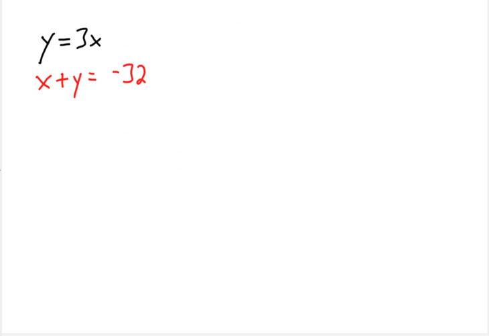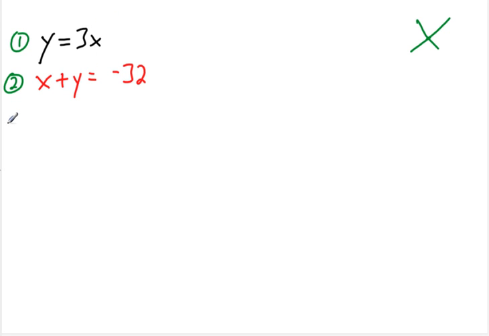So if I give you a new system here, notice we have two equations, 1 and 2. The y value and the x value is going to be the same in this equation as it is in this equation at that point of intersection, right? So at that point of intersection, the y and x values will be the same in both equations.